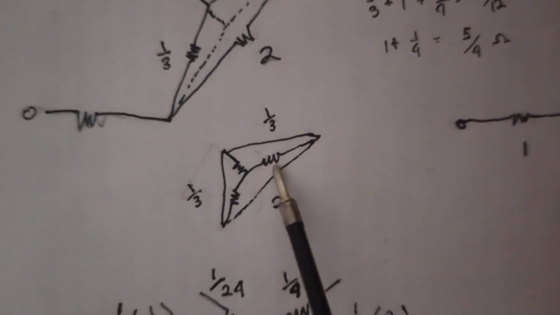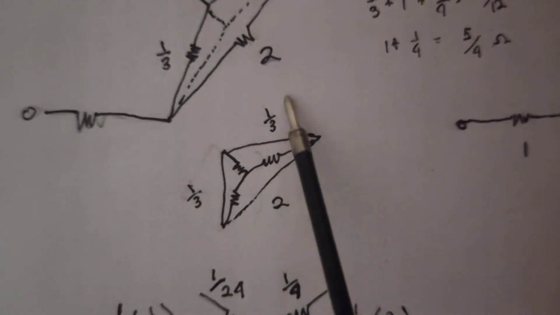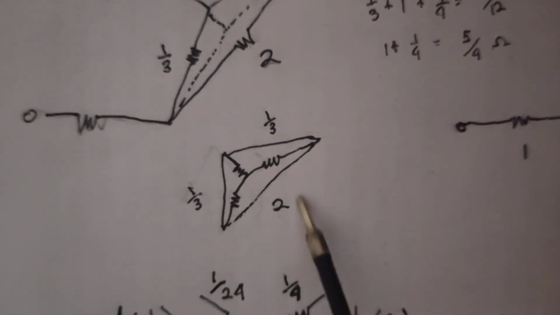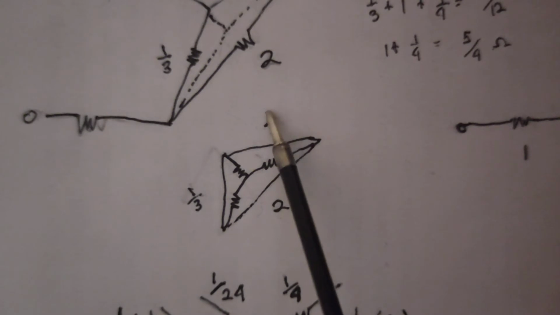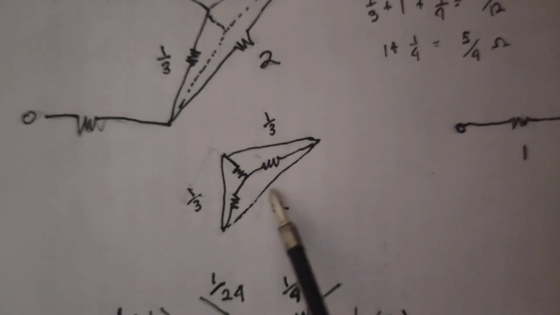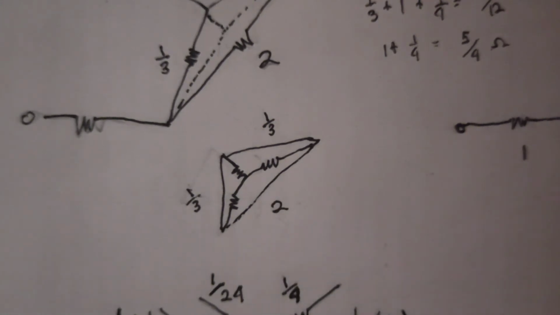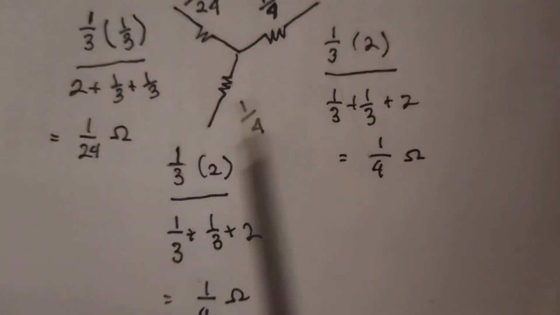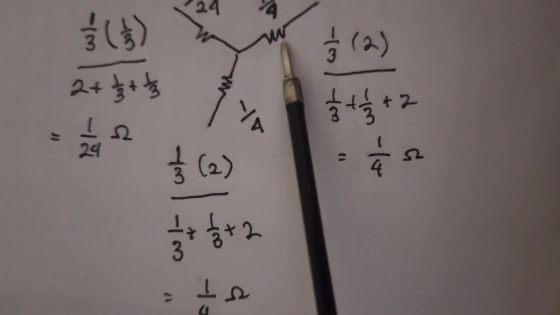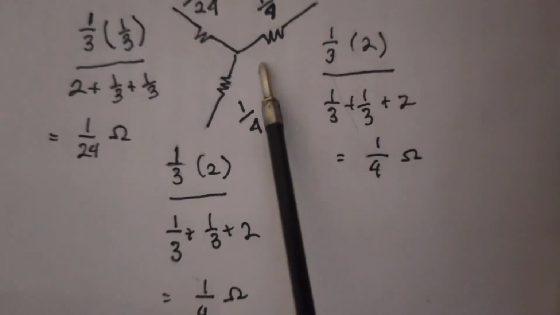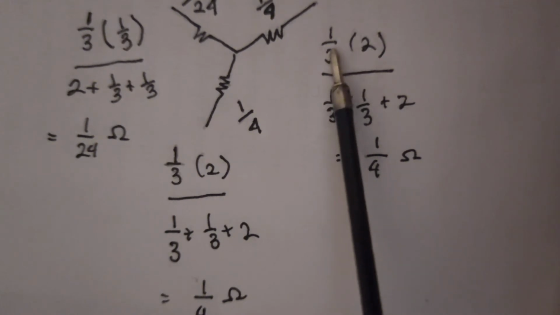For this resistor, we multiply this adjacent resistor from the delta and this one, then sum up all the resistances of the delta formation. So by doing the formula, I got these values. For this resistor here, its adjacent resistances in the delta are 1 over 3 and 2.